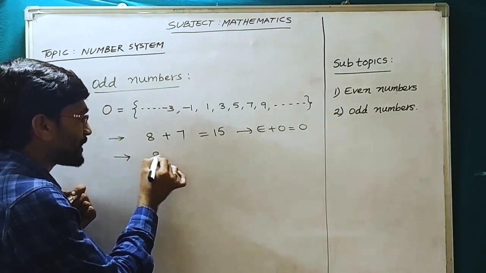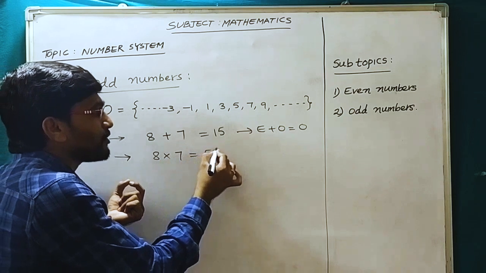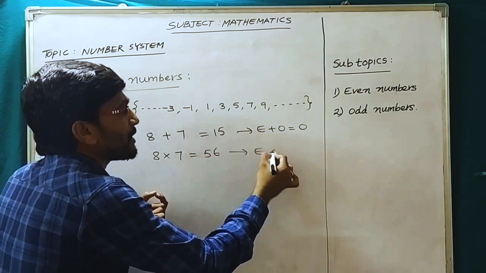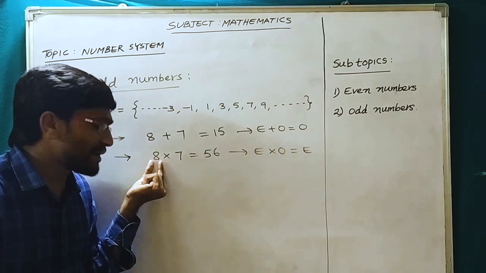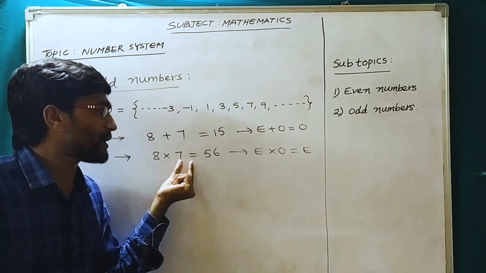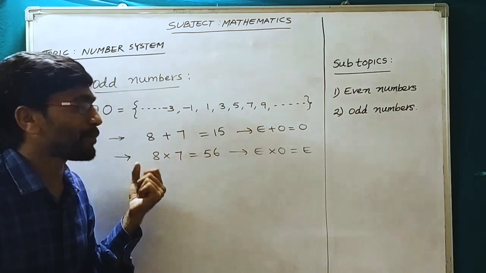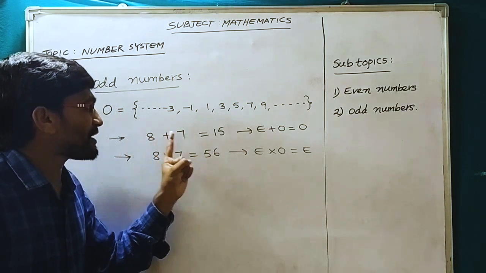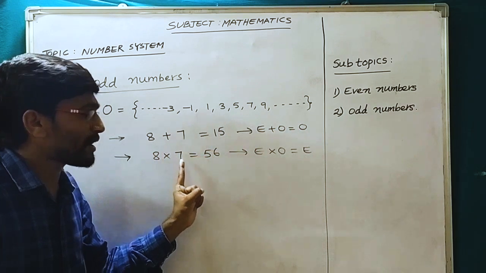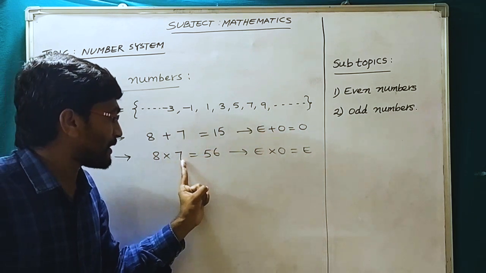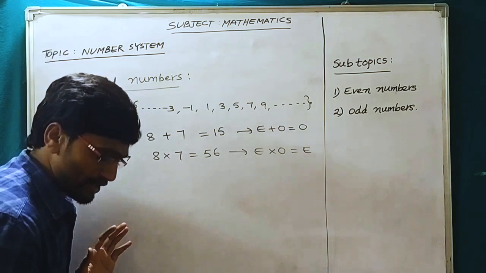Similarly, the product of an even number and an odd number gives an even number. These two points are very important. The sum of an even number and odd number gives odd number. The product of an even number and an odd number gives an even number. Okay?